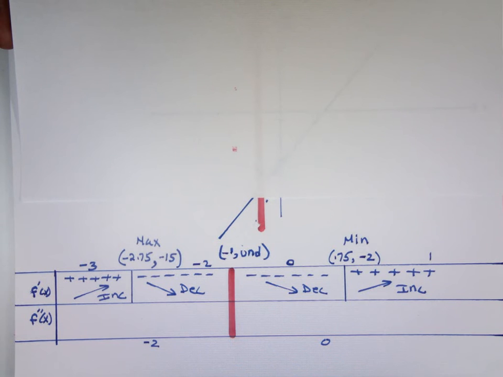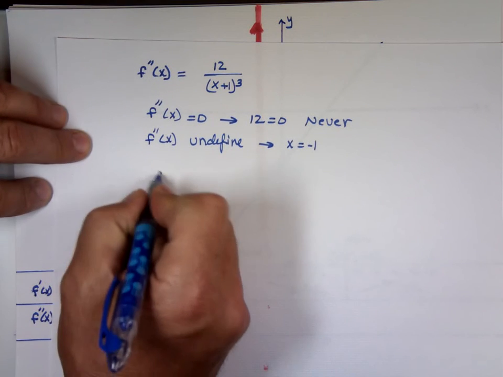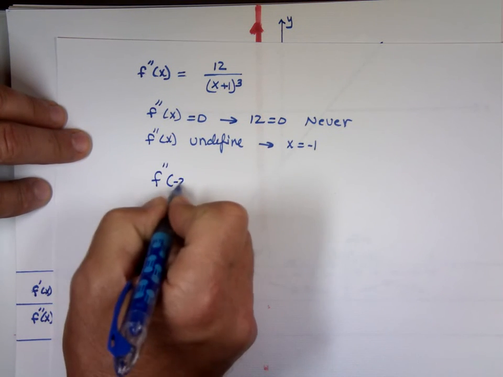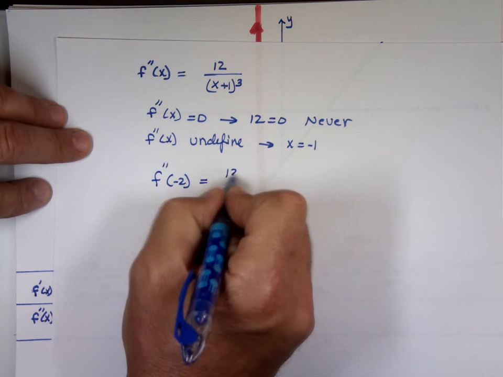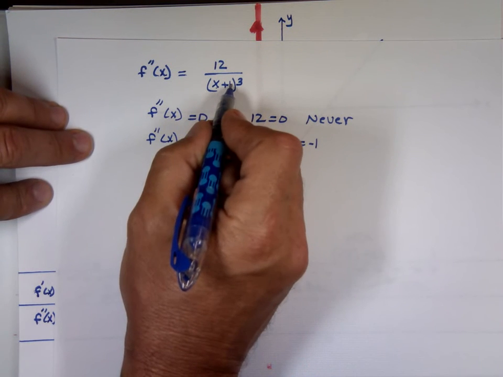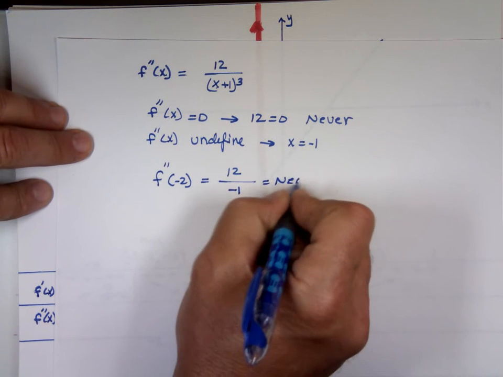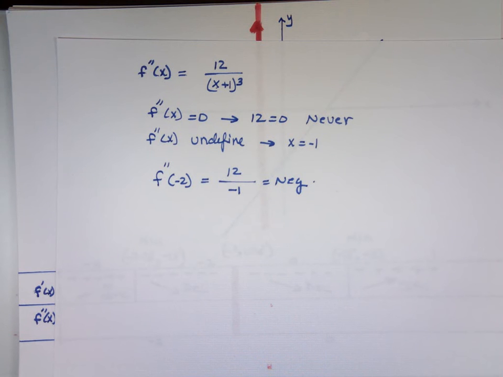What is the second derivative? The value of the second derivative at negative 2. I know the top is 12. That's positive. This will be a negative 2 plus 1, which is negative 1 cubed. That's a minus 1. That's a negative. Negative, it means what?